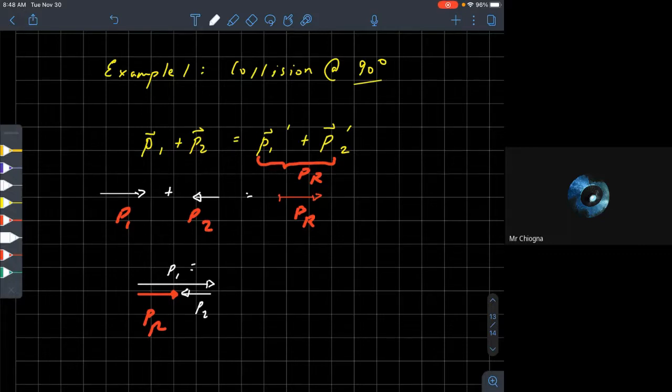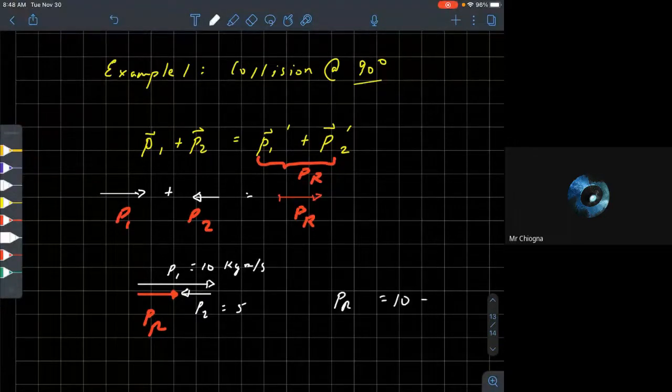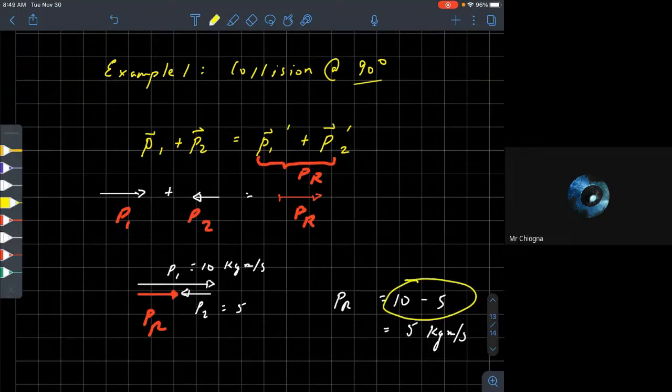If this is, in this case, let's say this is 10 kilogram meters per second. That's the unit for momentum. And this is 5. I'll skip the unit. And PR is 5. How did I get that? Just 10 minus 5. Okay, simple subtraction. Why is that? Because the vectors are parallel. That's why we can use the simple math.